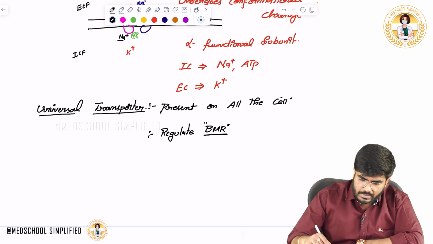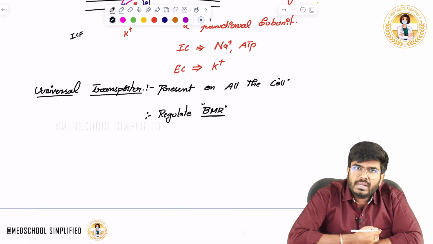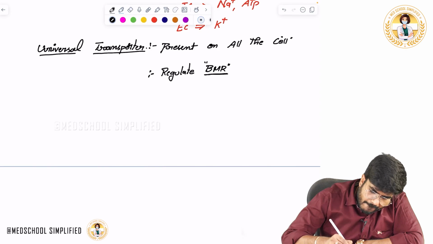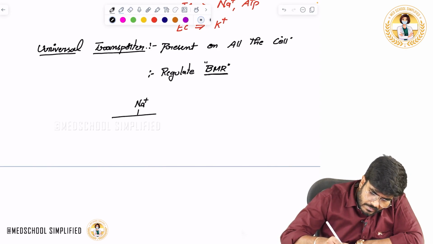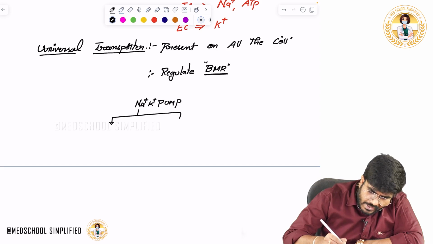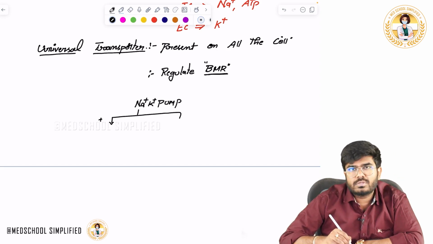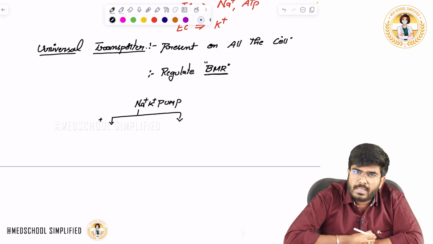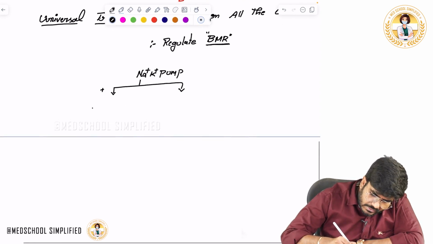Okay, now what else should you know regarding the sodium potassium ATPases? The sodium potassium pumps are activated by certain hormones and they are inhibited by certain drugs. What are they? First, thyroid hormones.